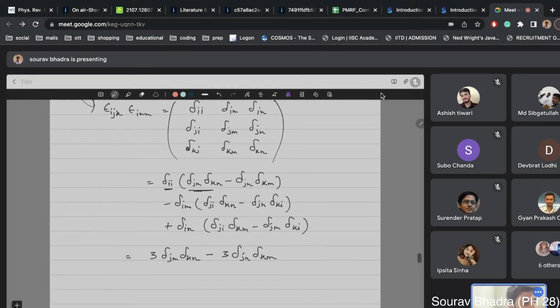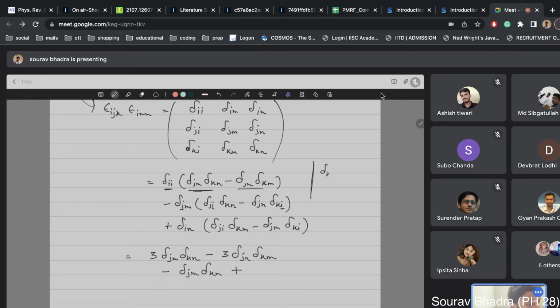These two are done. Now the second one, delta im and delta ji: there is a repeated index i here, and it will be contracted, so that will be delta jm delta kn.